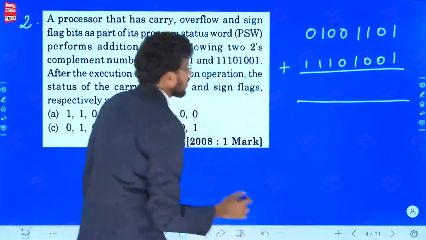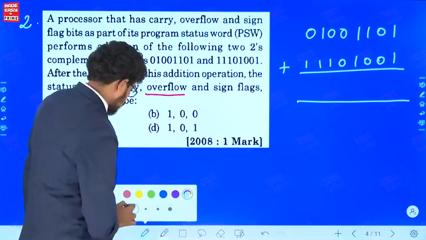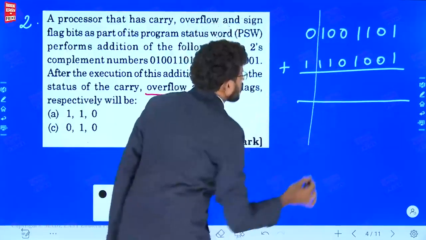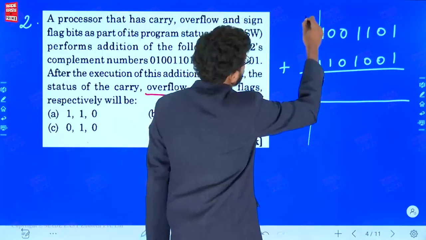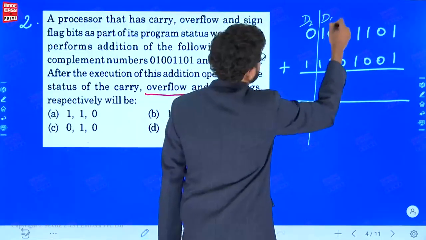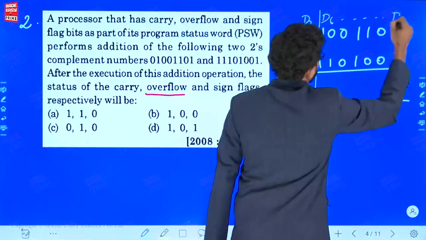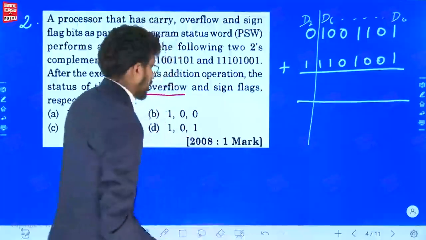Never forget that the MSB is always the sign bit. This is the D7 bit, this is the D6 bit, and so on down to the D0 bit. Now try to find the addition of this.